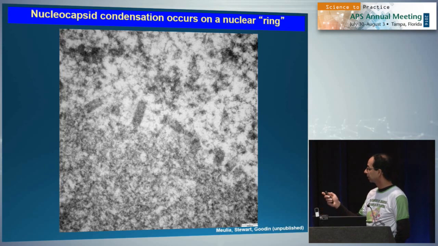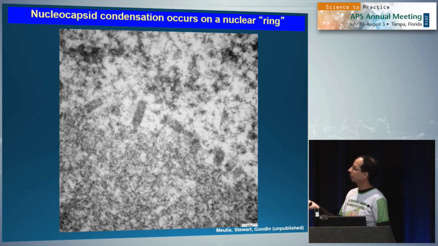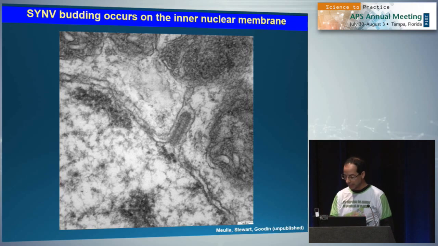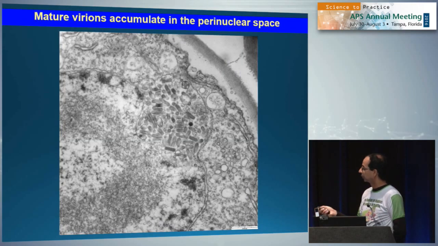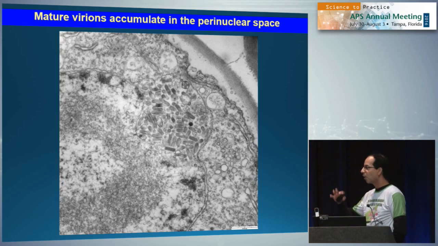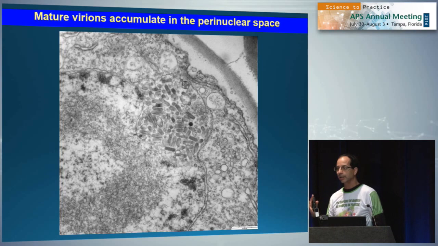But if we look at the edge of the ring by EM, we see that that's where nucleocapsid condensation is taking place. And then those nucleocapsids will move to the perinuclear space. This is outer nuclear membrane, inner nuclear membrane. And then virus accumulation in the perinuclear space. Okay. So this series of pictures really belies all the other things that are going on.